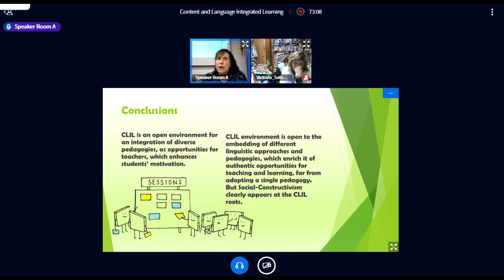So we can't say there is a CLIL pedagogy, which enriches it with authentic opportunities for teaching and learning, far from adopting a single pedagogy. Even though social constructivism clearly appears at the moment to be the CLIL route.